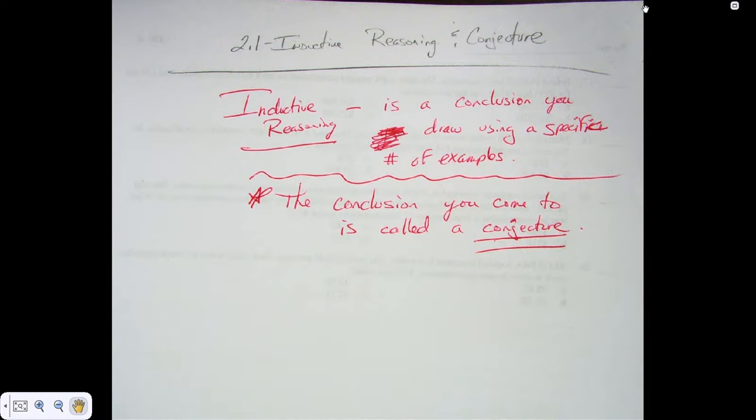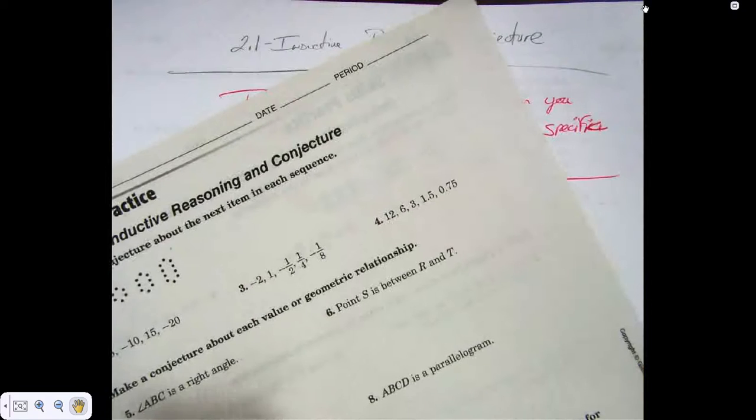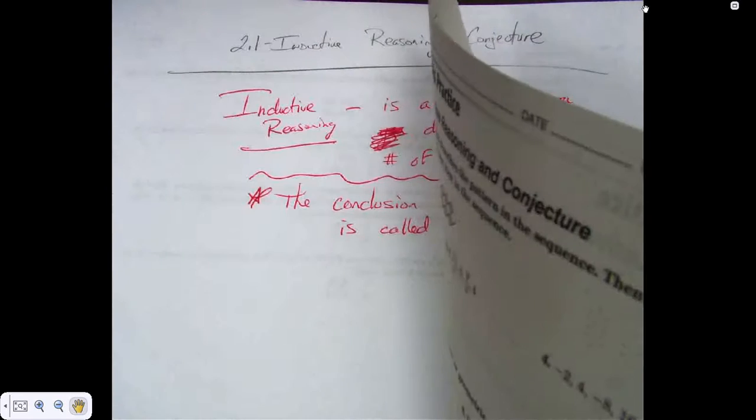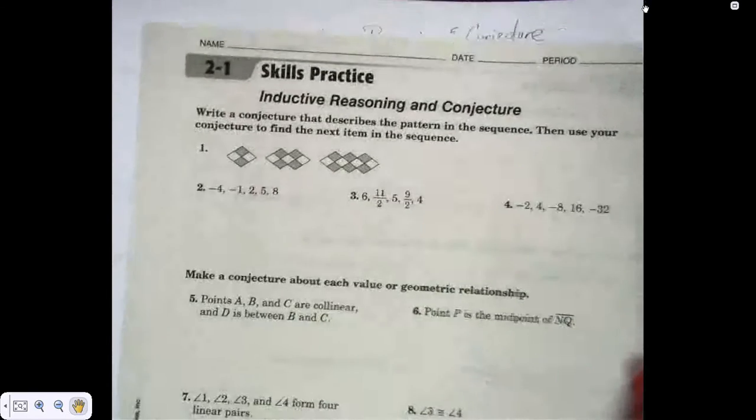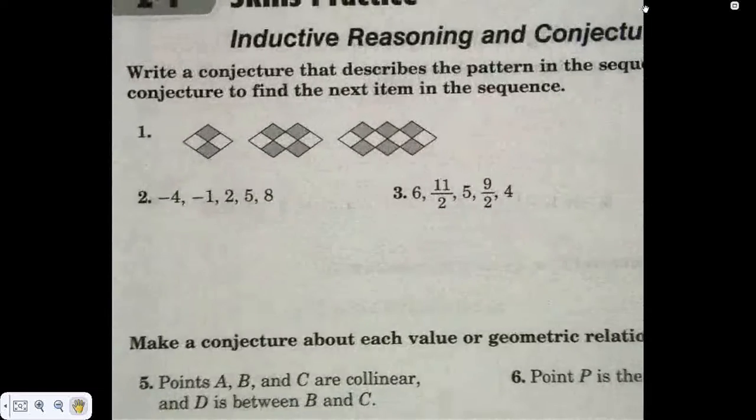Everybody get your workbooks out. Let's look at number 1 on page 15.